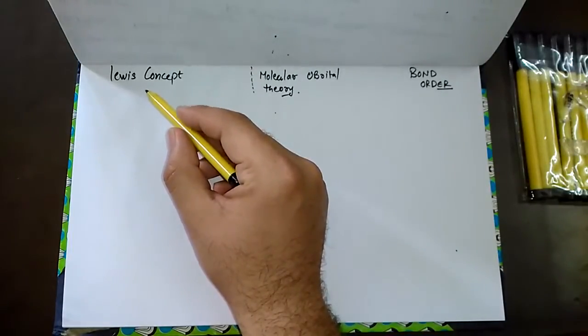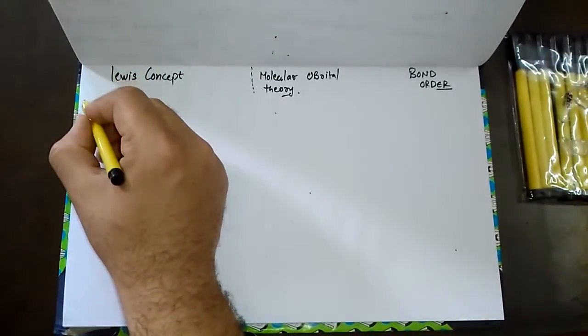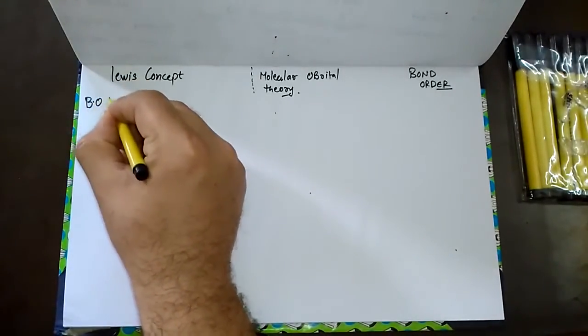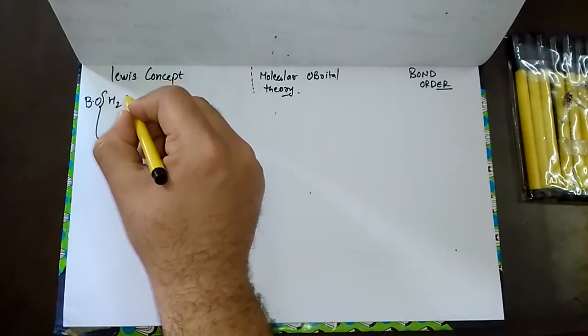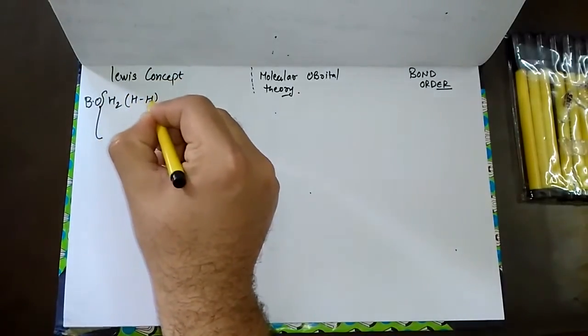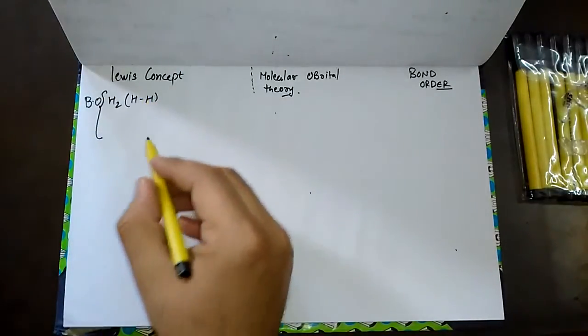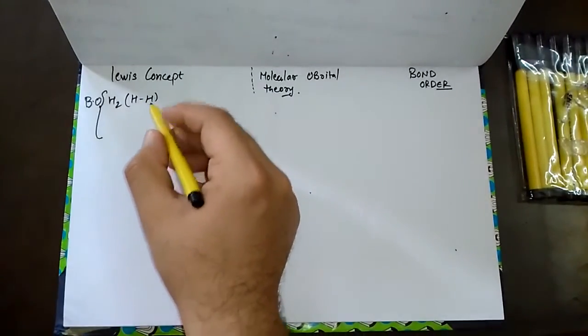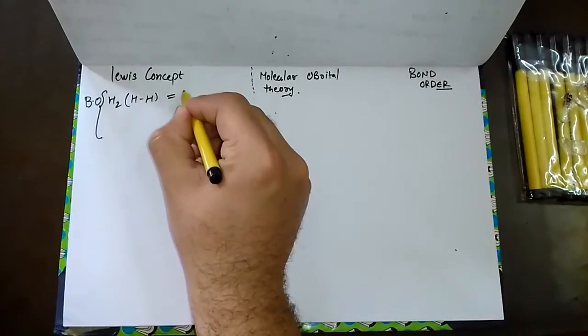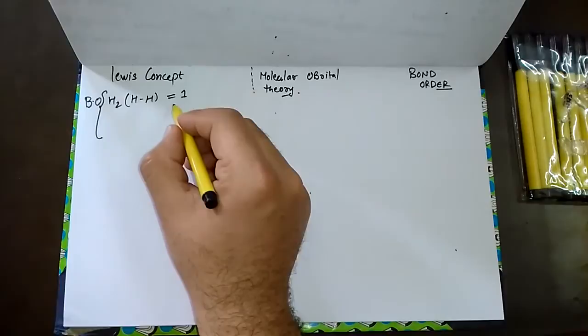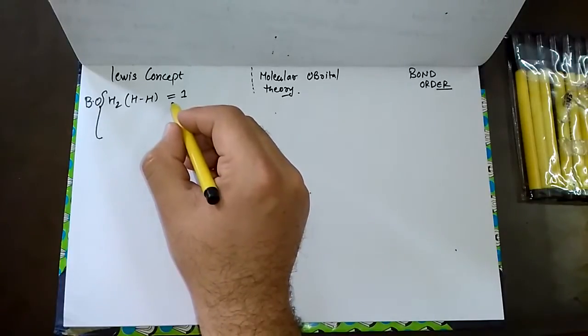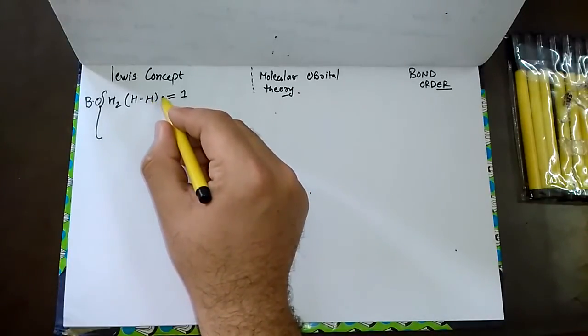I'll give you the example. The bond order of H2: there is a single bond between the two hydrogen atoms in the molecule, so the bond order is 1. The number of bonds existing between the atoms in a molecule is the bond order.